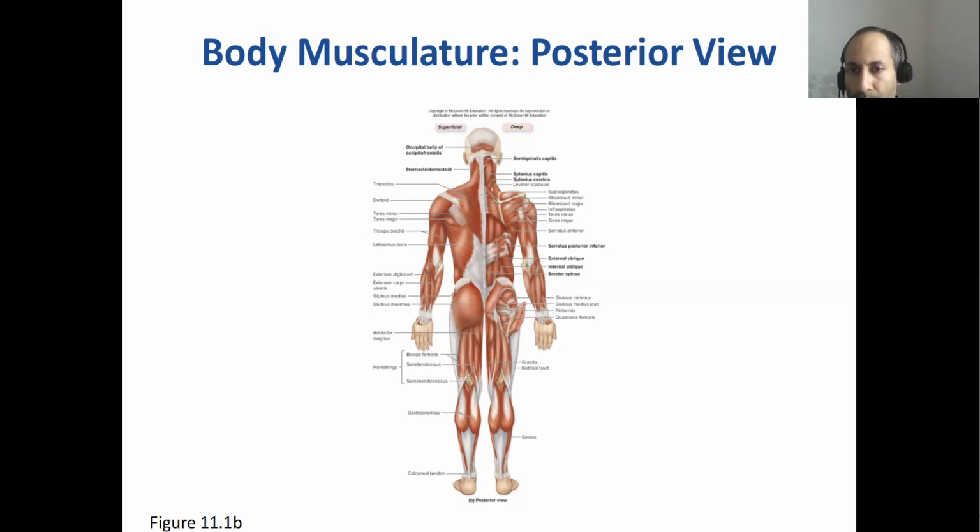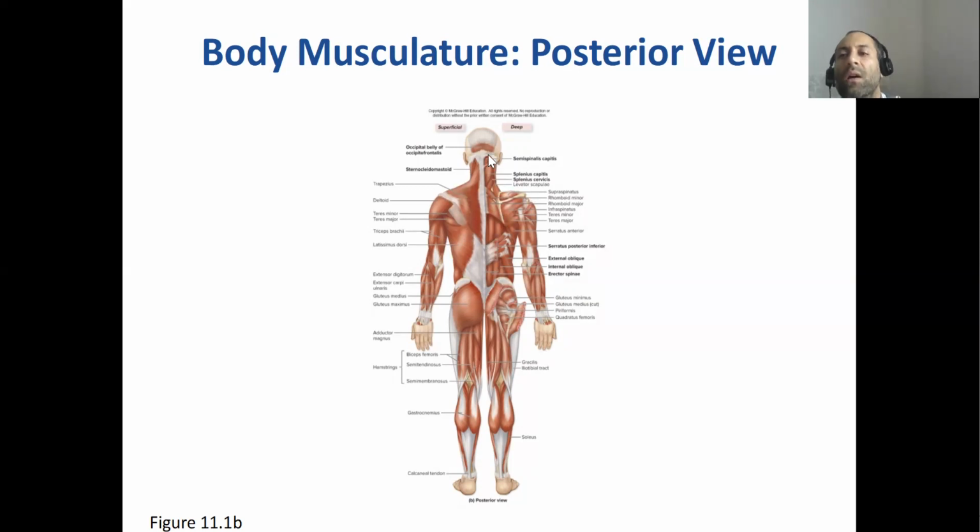So the names basically refer to their location, as I mentioned, and their actions like flexion, extension, their shapes sometimes, like trapezius. Here's the trapezius muscle. Why? Because it's shaped like a trapezium or a trapezoid, like a kite-shaped muscle, or a diamond shape. You see, it's kind of like a diamond-shaped muscle in the back.